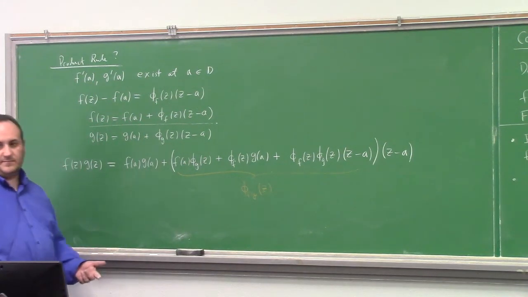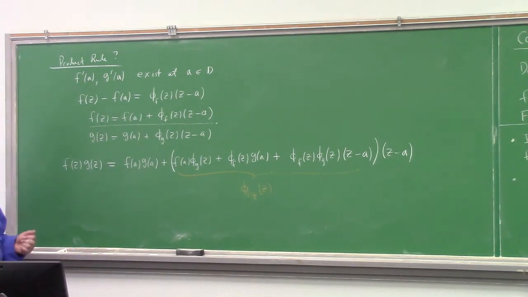Now, question, is that a continuous function? Because in order to prove differentiability of the product function at A, I need to verify the two criteria for the theorem of Caratheodory. I need that phi of fg is continuous, and I need to be able to write fg of z minus fg of a as equal to phi fg of z times z minus a.